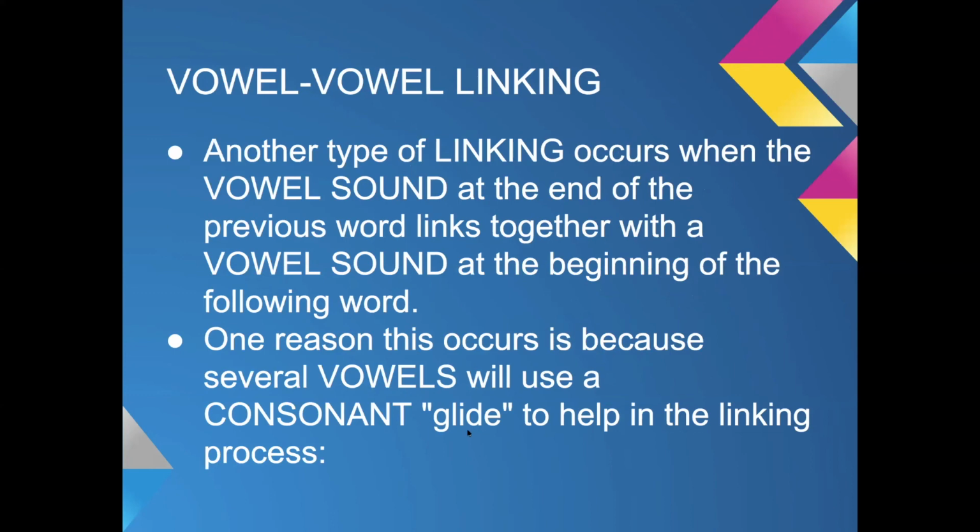Okay, now another type of linking is when we link vowel sounds. That's when the vowel sound at the end of the previous word links together with the vowel sound at the beginning of the following word. One reason why this occurs is because many vowels use what's called a consonant glide, as you'll see in the pictures.